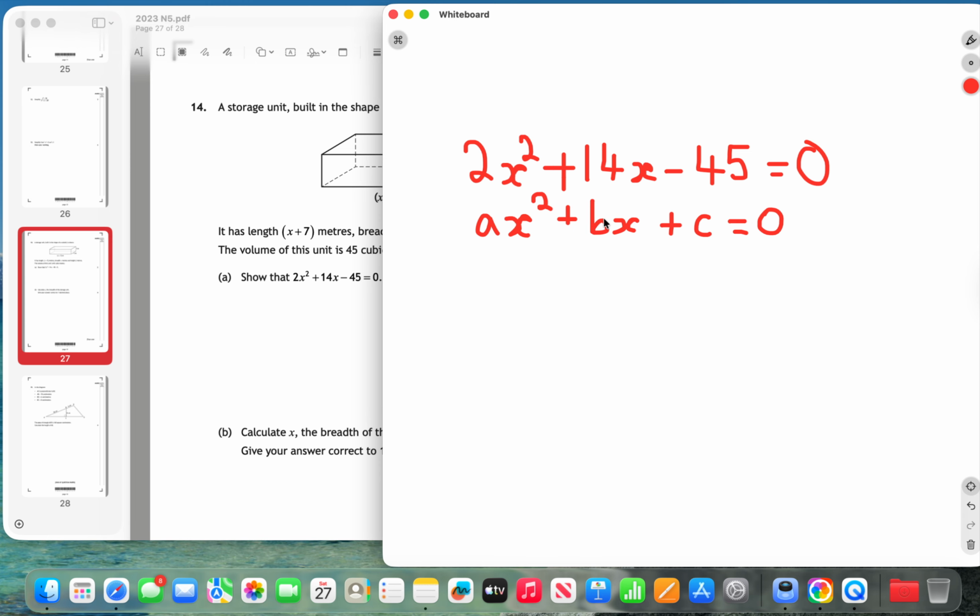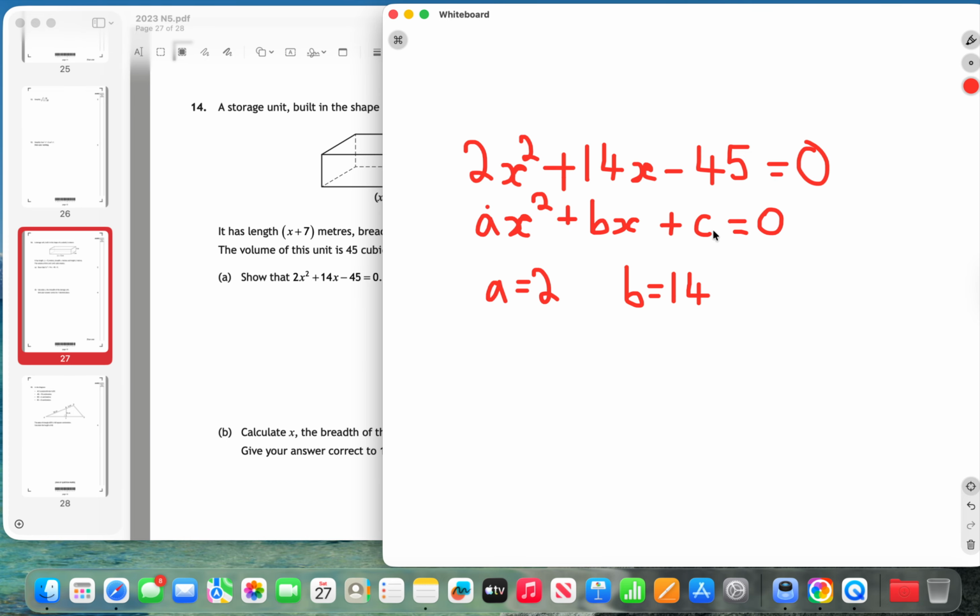So matching up the coefficients, we have a equals 2, b is 14, and be really careful with your positives and your negatives.